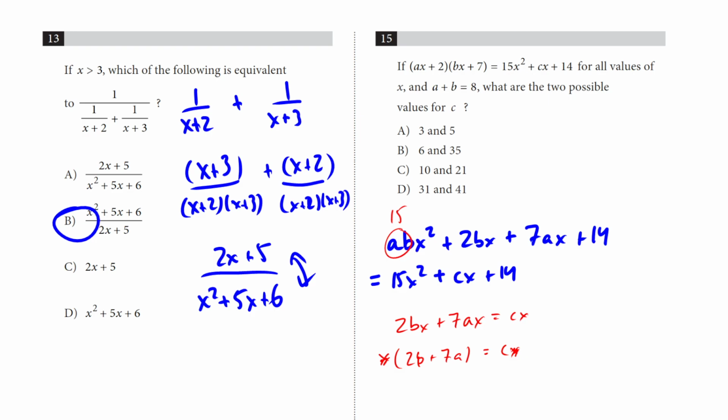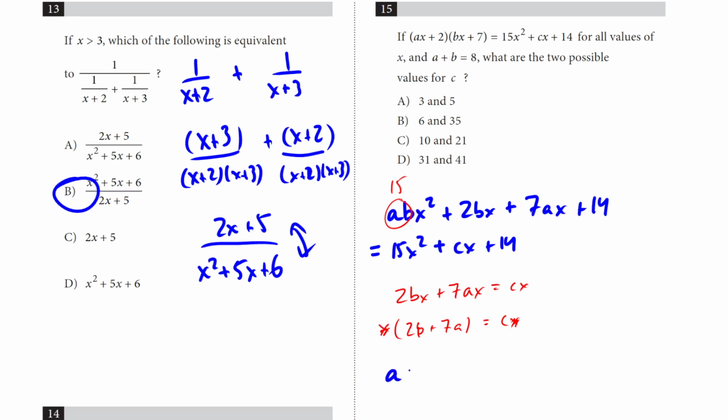So if a plus b is equal to 8, and we have that 2b plus 7a is equal to c, can we rewrite this? Well, okay. If we know that a plus b plus a plus b, then we're going to have 5 a's left over, is equal to c. This is like saying that 16 plus 5a is equal to c.